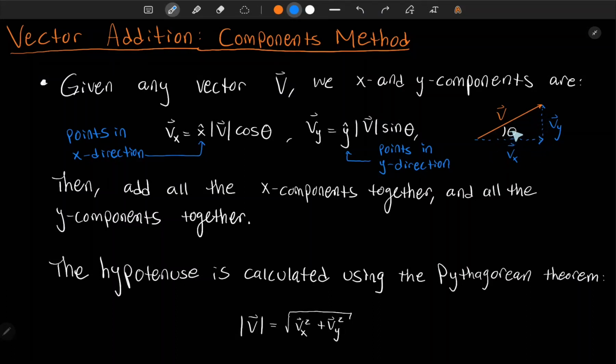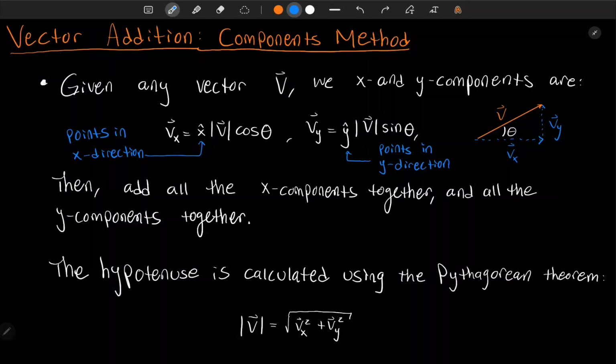So it just hides completely underneath v. Similarly, if you wanted to draw vy, you just start where vx was, and you go up along v until you reach the tip of v, and that would be vy. And the lengths are given by these equations.